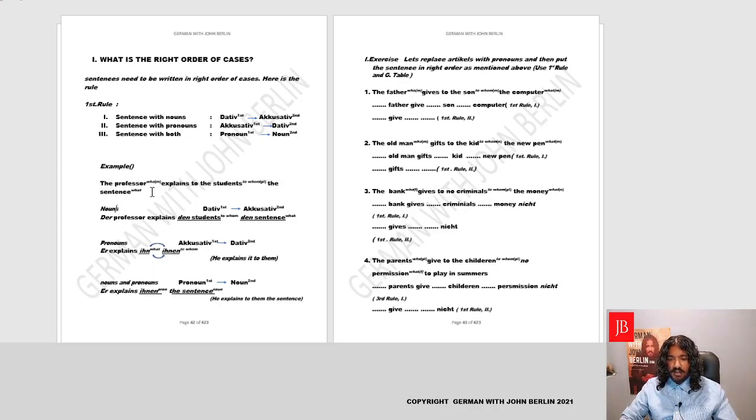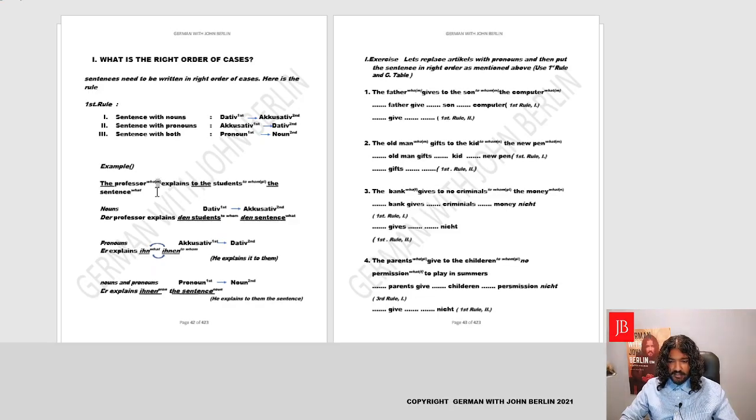Let's translate this to German. That means let's change the articles to German. Which articles? The ones which I'm underlining. So these articles we'll change into German. So who explains, it's nominative and it's masculine. Who'll tell me what's the article for nominative masculine?